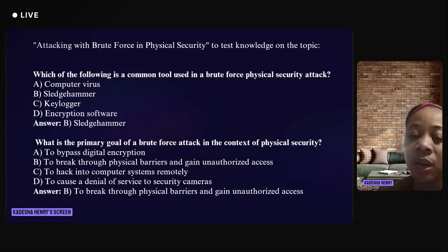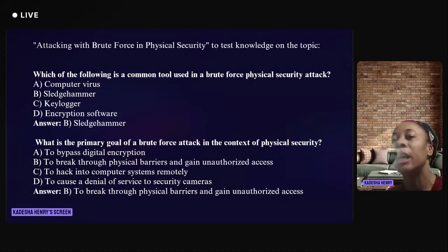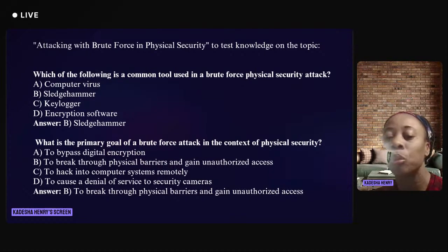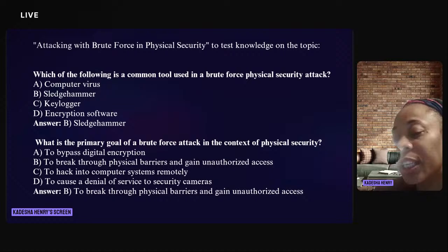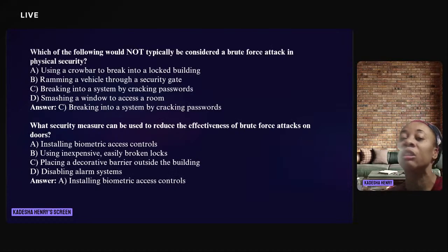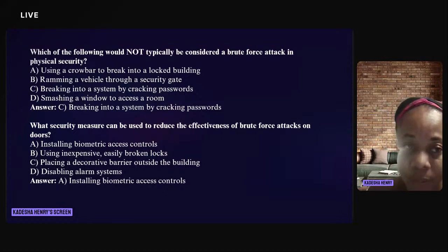The answer will be to break through physical barriers and gain unauthorized access. So wherever you see the words brute force and physical security, it has to do with breaking down barriers to get into a particular place.